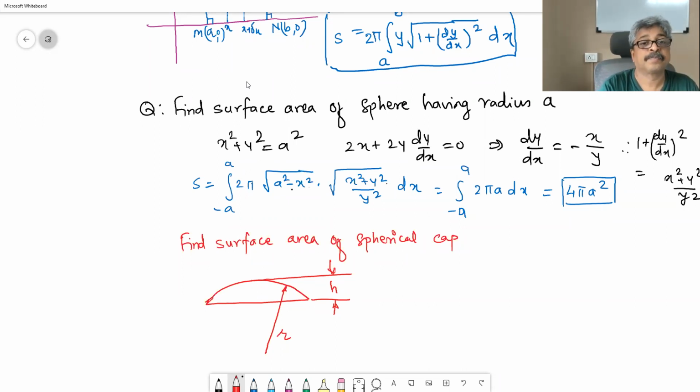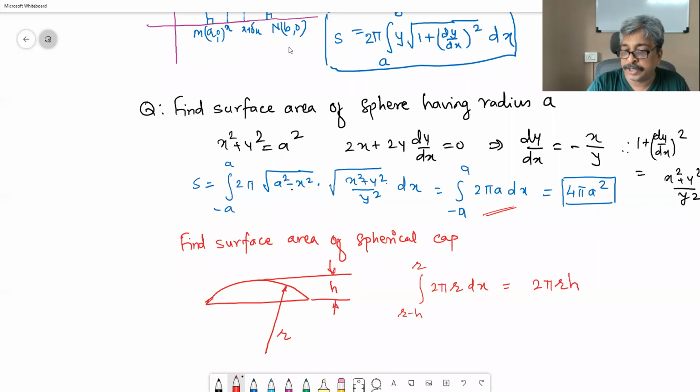Okay, so we have already found this. Therefore, now we only integrate, the lower limit is r minus h to r, 2 pi r dx. That should be the answer, and it is 2 pi r h. That is the surface area of the spherical cap.